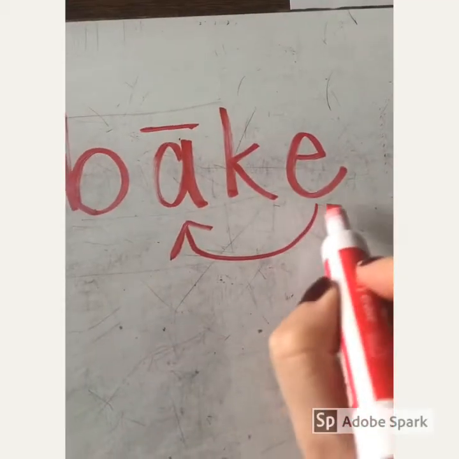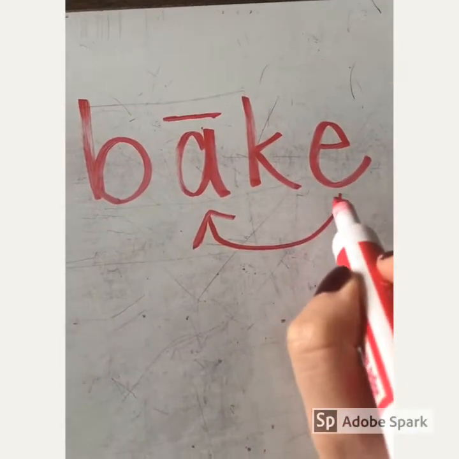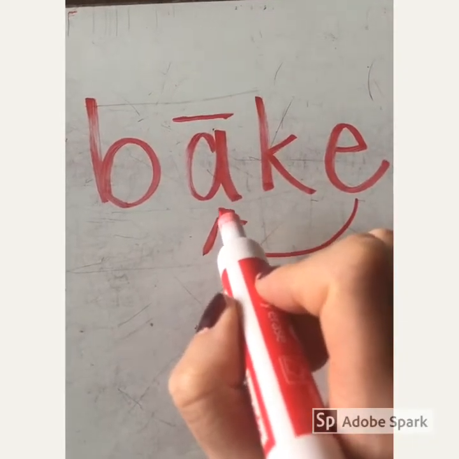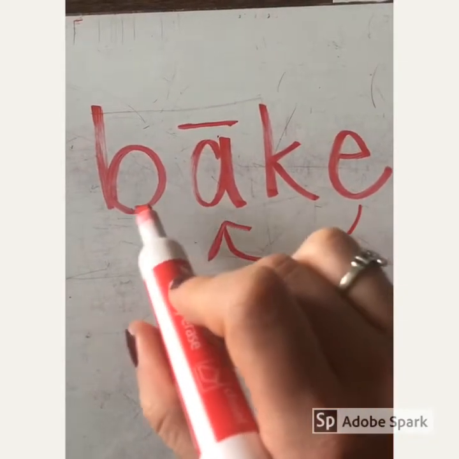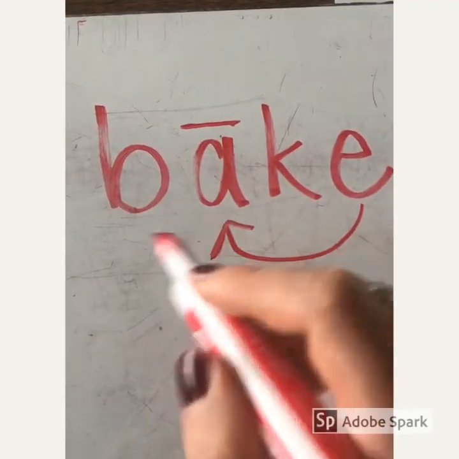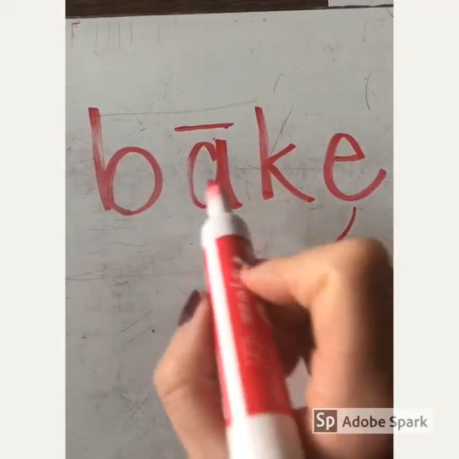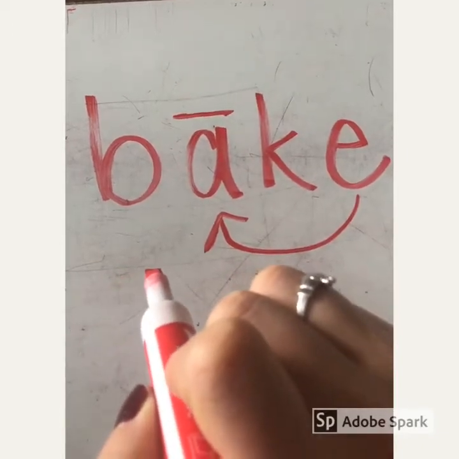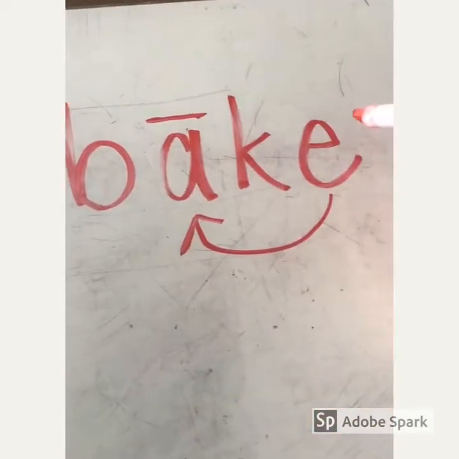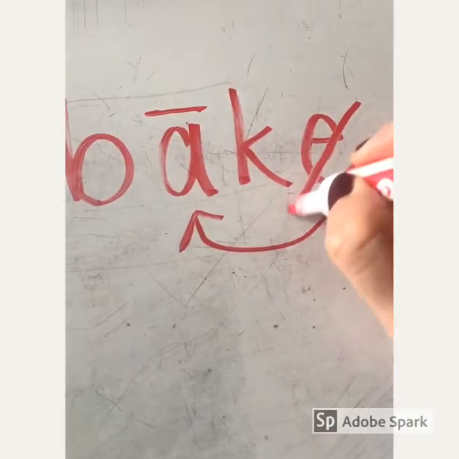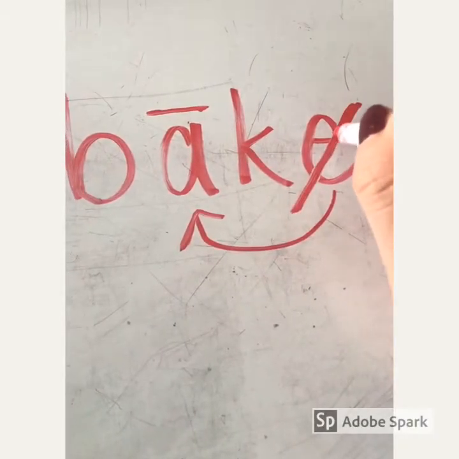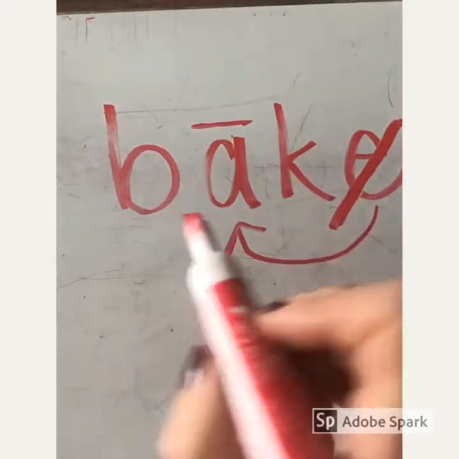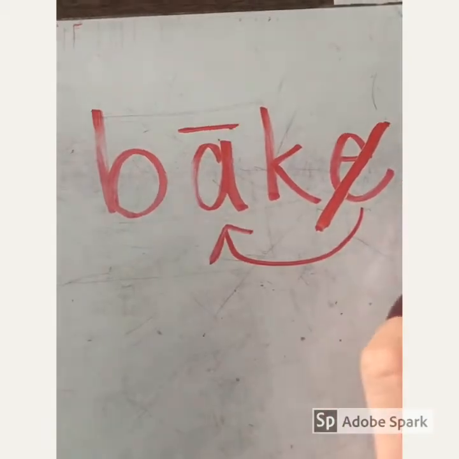We don't hear the E at the end because it's sneaky, and the E scares the A to make its long sound. We code it like this: we put the long vowel symbol on top of the A, and then the E gets a strike through. We cross it out because the E doesn't make a sound. So this word says cake.